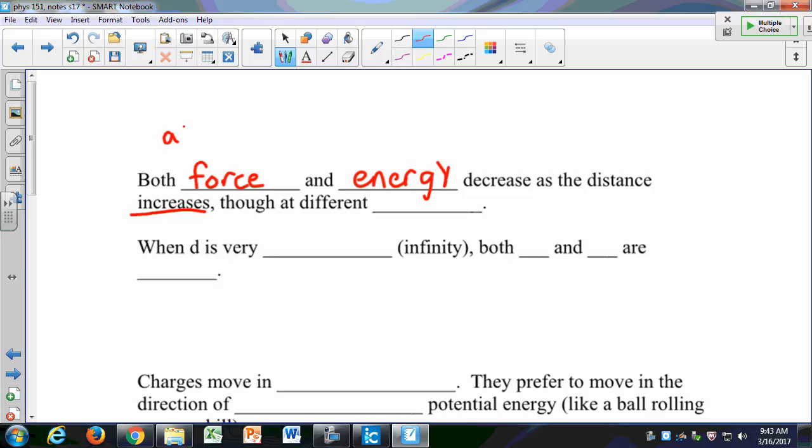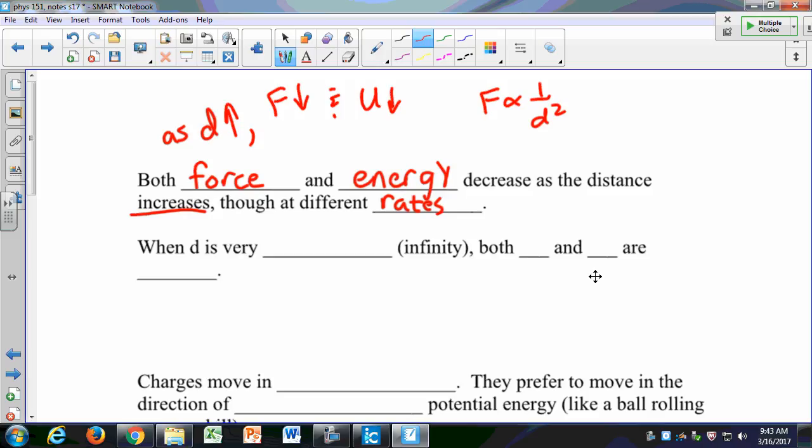So as d goes up, F goes down, and U goes down, though at different rates. Because remember, F is proportional to 1 over D squared. If I double D, F goes down by a factor of 4. But energy is proportional to 1 over D. So if I double D, then I have half the potential energy.